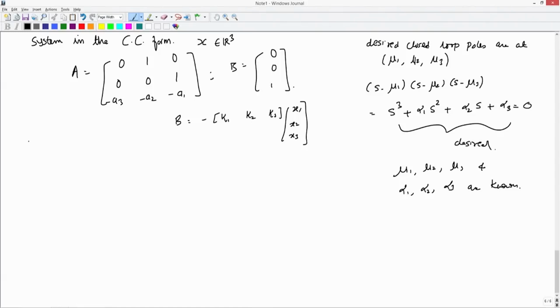Okay. So, what is the characteristic equation? The characteristic equation is determinant of sI minus A plus Bk.